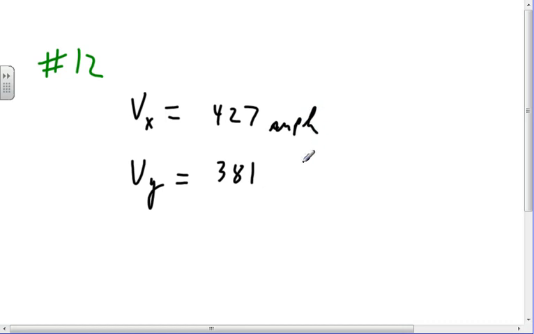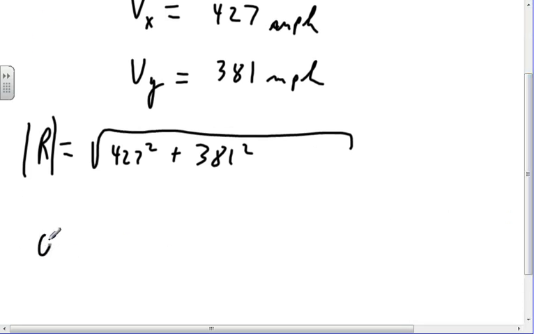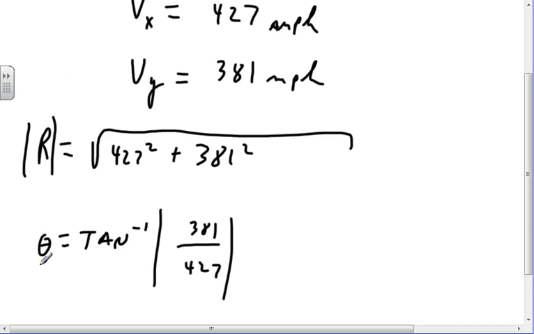So I could say the resultant vector's magnitude is going to be 427 squared plus 381 squared. And the angle is going to be the arctangent of the absolute value of the y component, 381 divided by 427. This is a reference angle, but I recognize that I am in the first quadrant, so my reference angle is my answer.